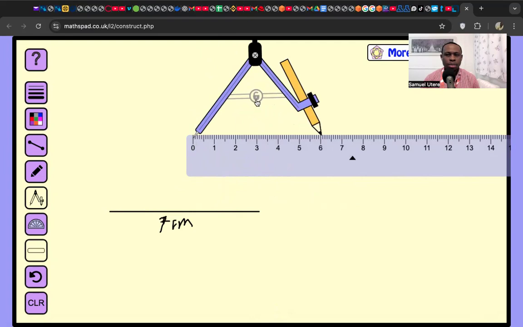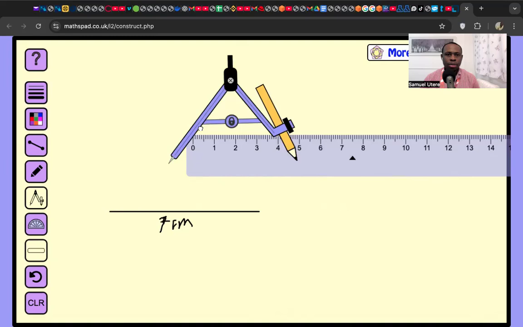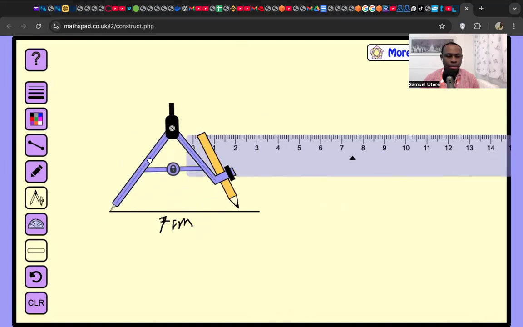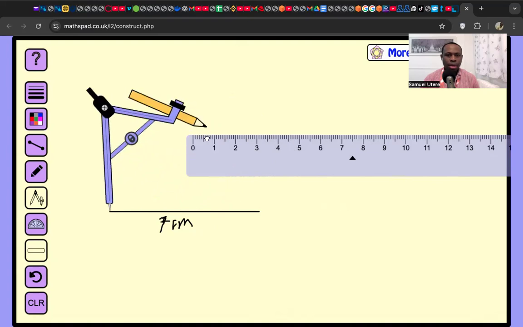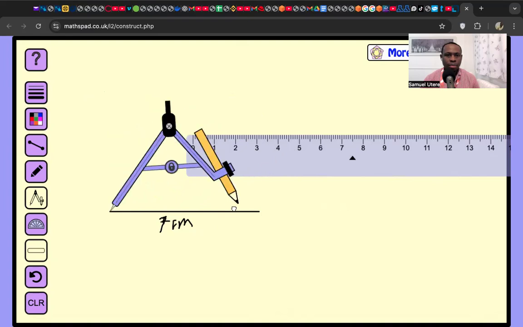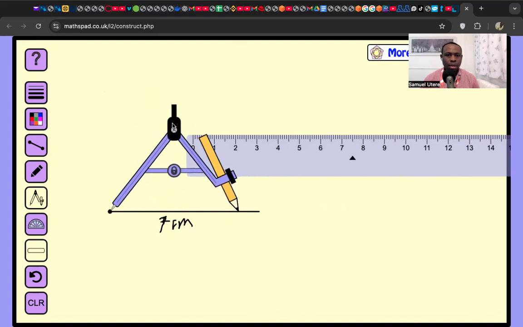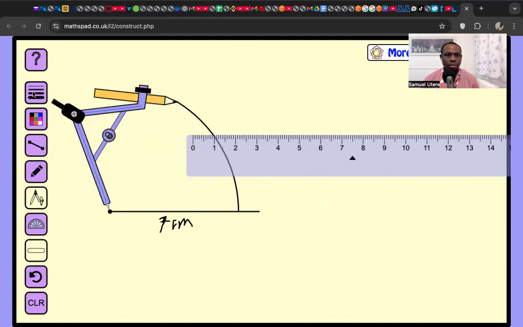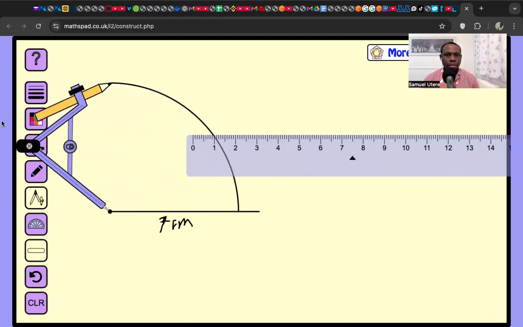We lock this to make sure it doesn't move. We take our compass, we put it right there, and we draw our arc. We draw our arc by holding there, and we draw our arc. Okay.